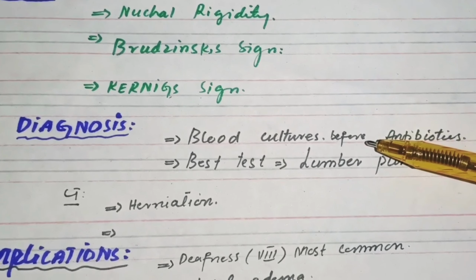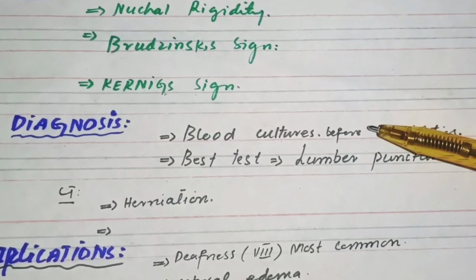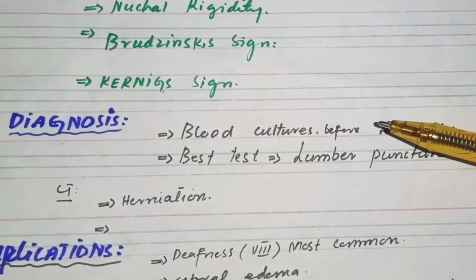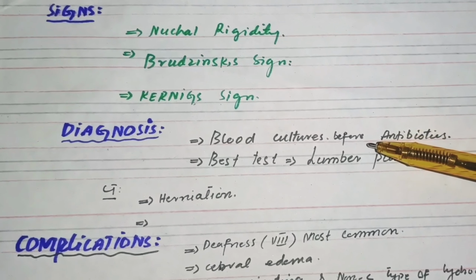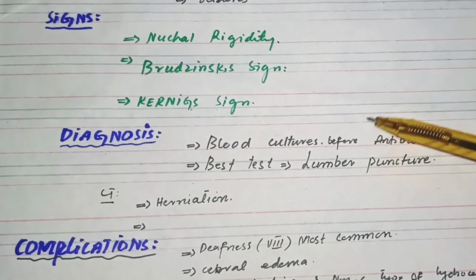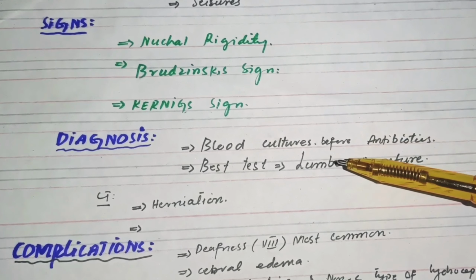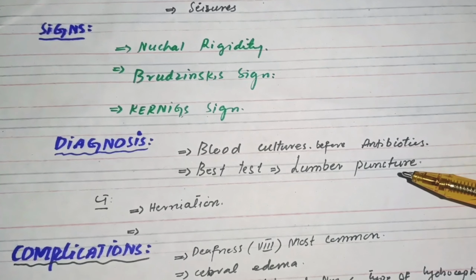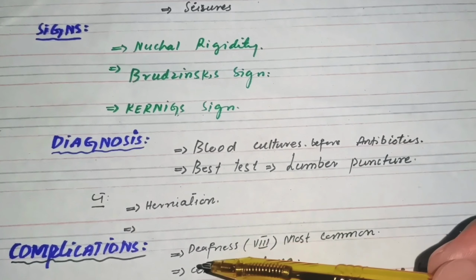The protein level is raised during bacterial, viral, and other types of meningitis. While the glucose level decreases during bacterial, fungal, or parasitic meningitis, while it is normal in viral. Also look at the leukocyte count, which will be increased in CSF.